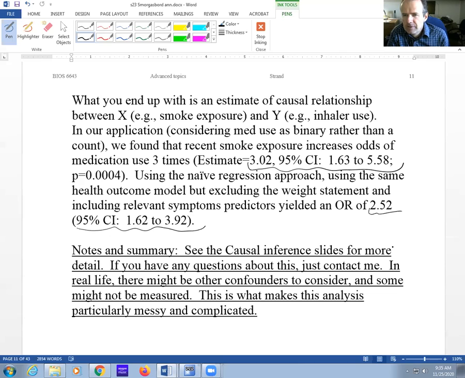So maybe it's similar, but it's a marginal effect averaged over the difference between whether they had smoke exposure or not in this case. Any other questions on that?